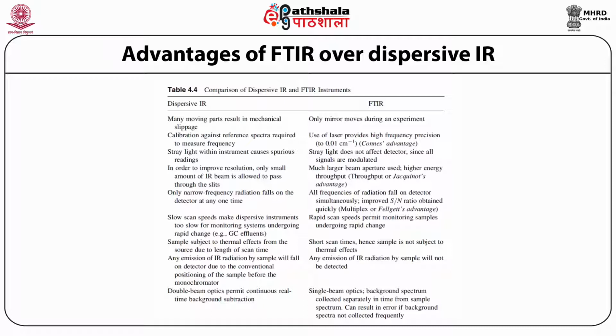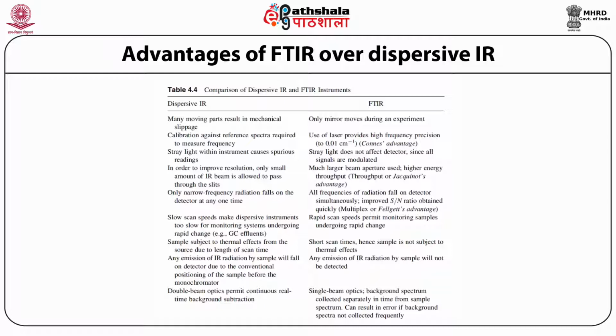But in FTIR, the use of a laser provides high frequency precision on the order of 0.01 per centimeter. That's the Connes advantage. In the dispersive IR, stray light within the instrument causes spurious readings. However, in the case of FTIR, stray light does not affect the detector since all signals are modulated.